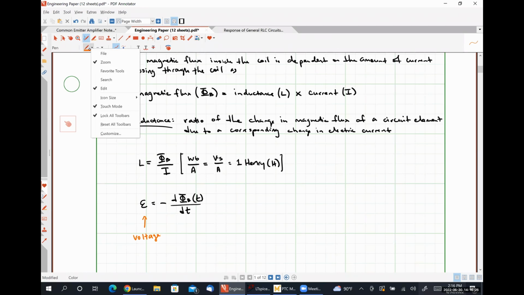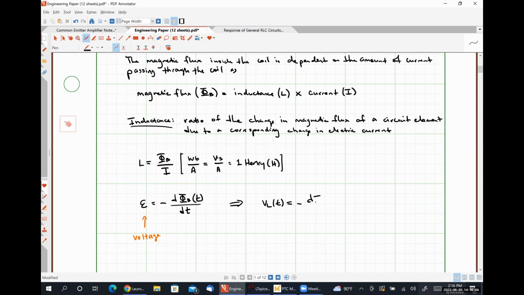So we can rewrite this in circuits form as VL, the voltage drop across an inductor, is equal to negative d phi B of t by dt, or L times dIL by dt.